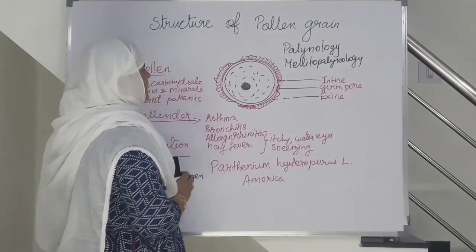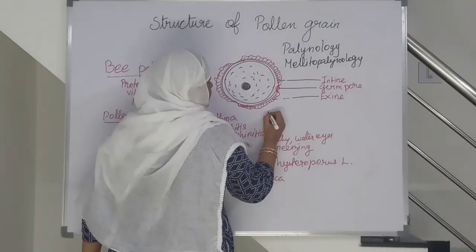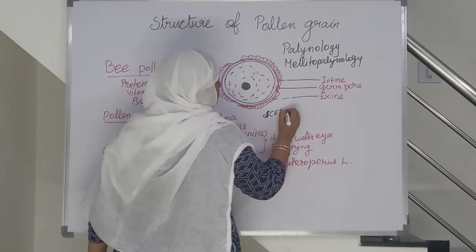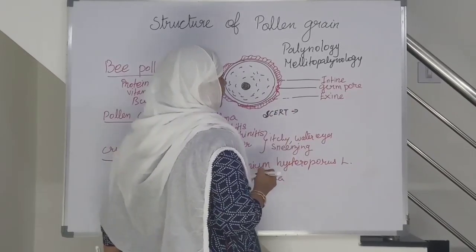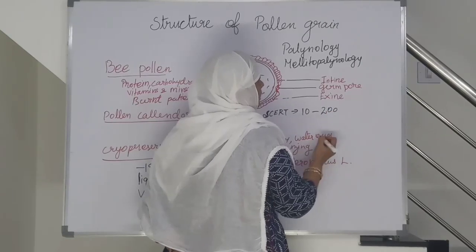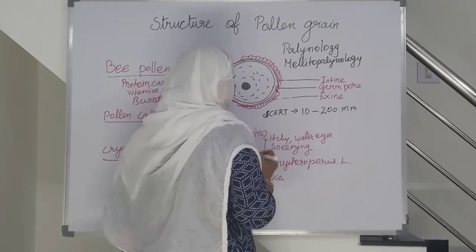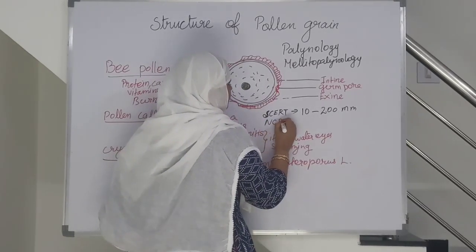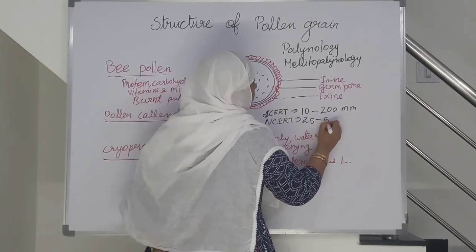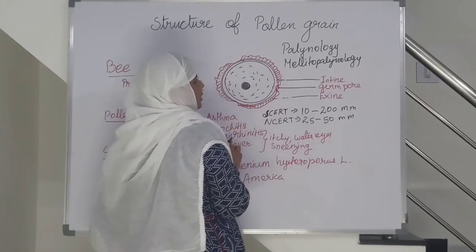Now regarding the size of the pollen grain, in the SCERT book it is given as 10 to 200 micrometers. In the NCERT syllabus, it is given as 25 to 50 micrometers, the size of the pollen grains.